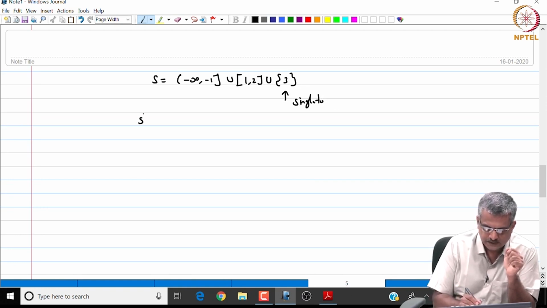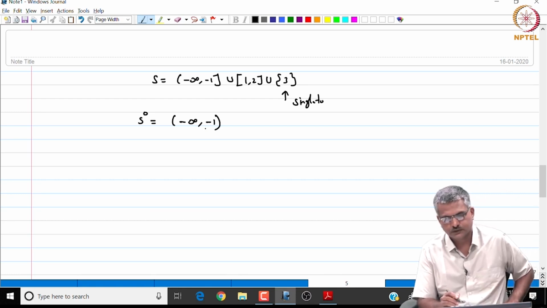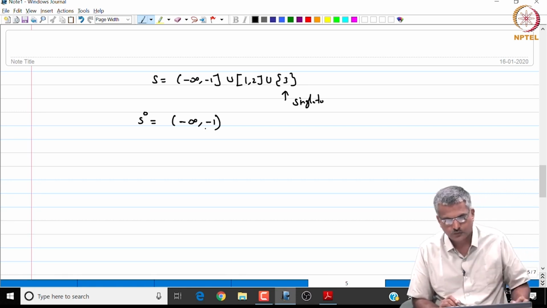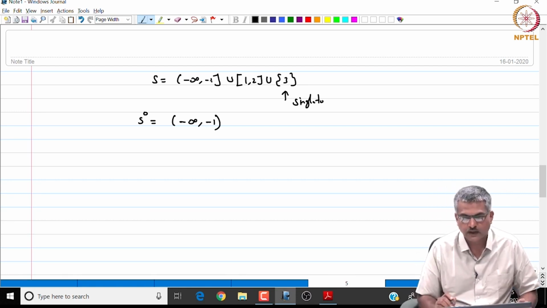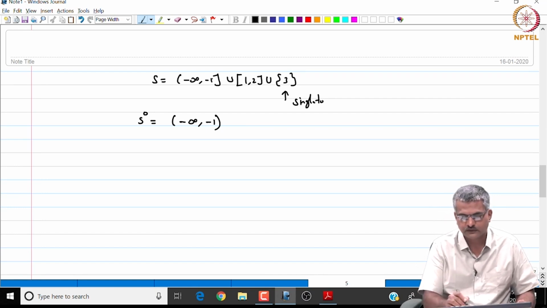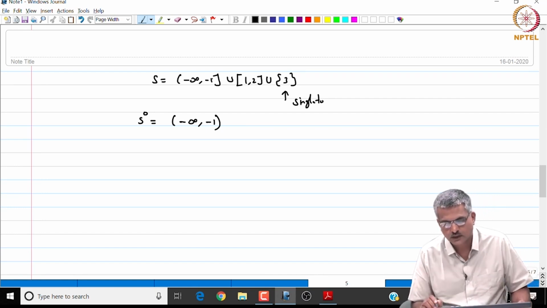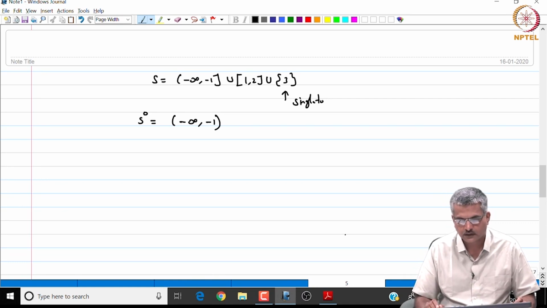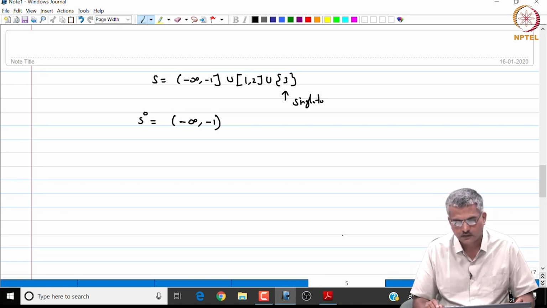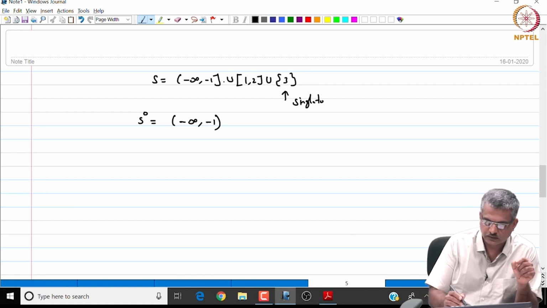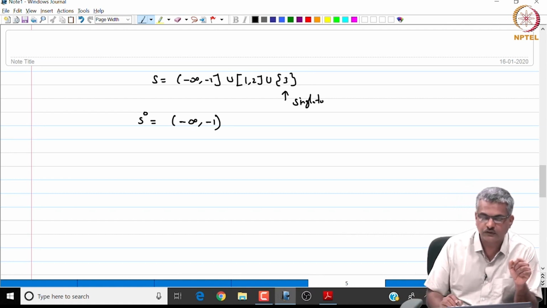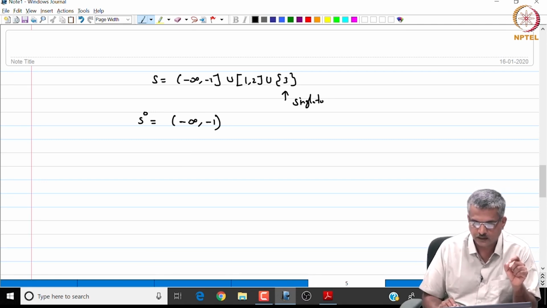So, S interior should contain all points from minus infinity to, open, minus 1, because if minus 1 qualified to be an interior point, then any ball around it would have to be contained in the set. But minus 1 does not qualify to be an interior point.